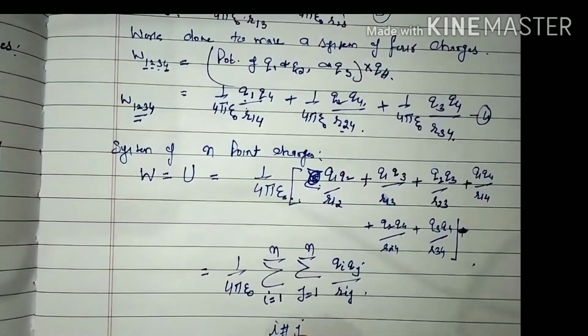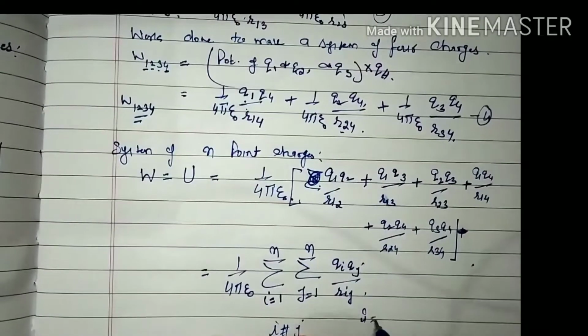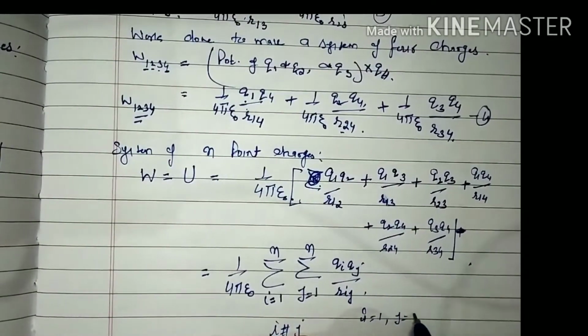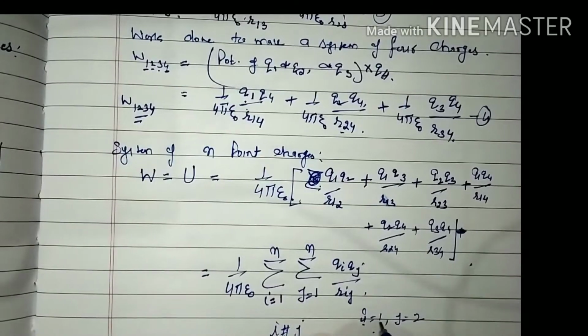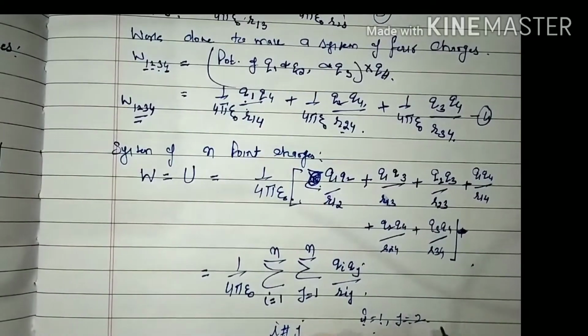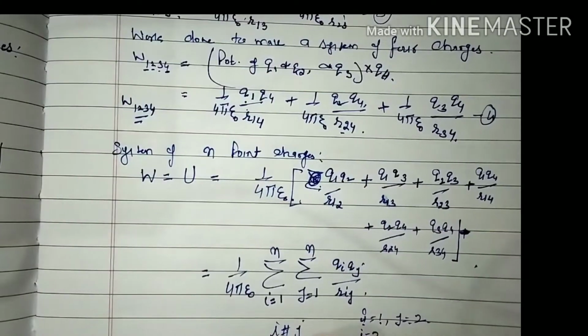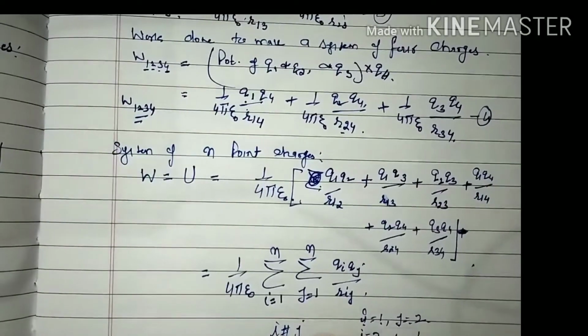Meaning to say that if we take i equal to 1 and j equal to 2, we will not take i equal to 1 and j equal to 1. We can interchange in this way, i equal to 2, then j equal to 1.